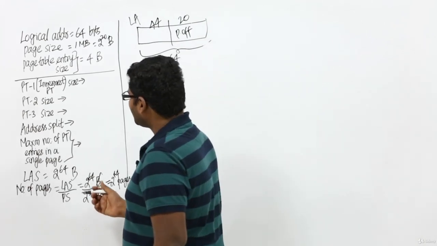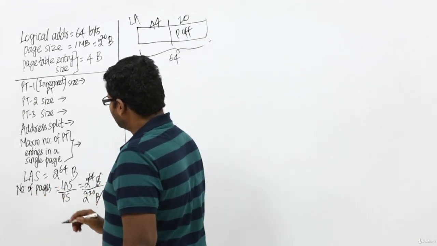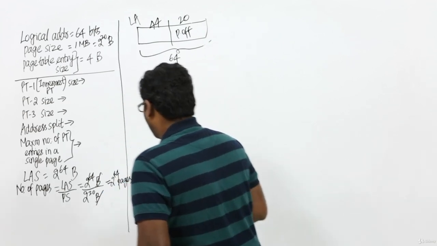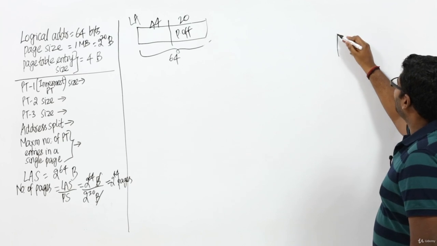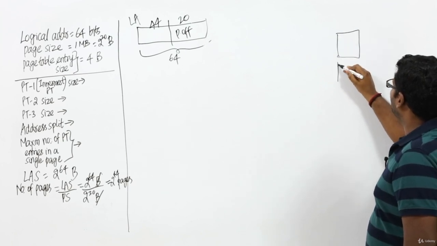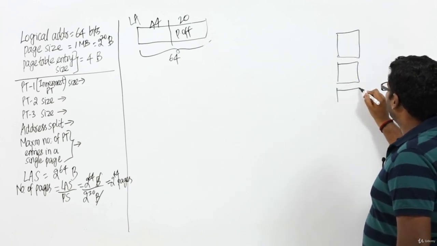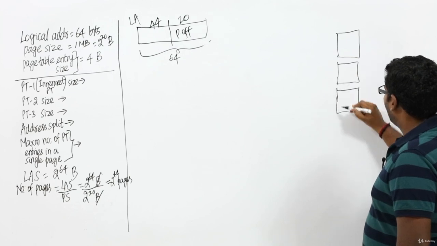Fine. Now we have computed the number of pages. So I am writing all the 2 power 44 pages over here, right? This is page number 0, this is page number 1, this is page number 2, and so on.